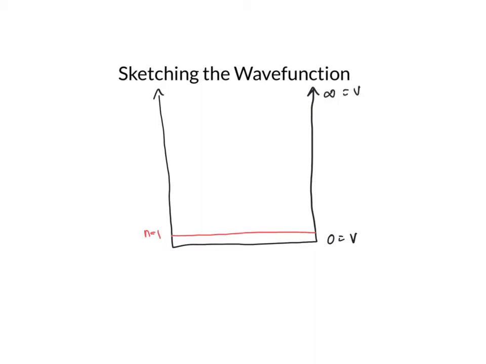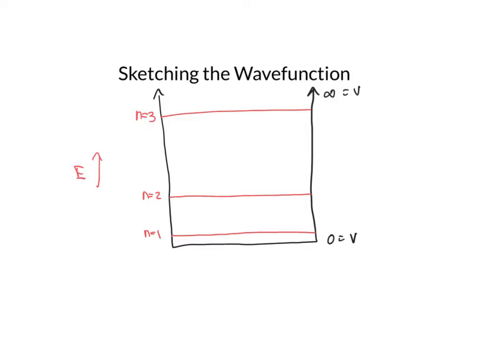The next possible energy, corresponding to n equals 2, is at a higher energy, so we draw that up here. The next one, n equals 3, is even higher, so we draw that here. So we have the total energy axis drawn on the same picture, on the same scale as our potential energy.